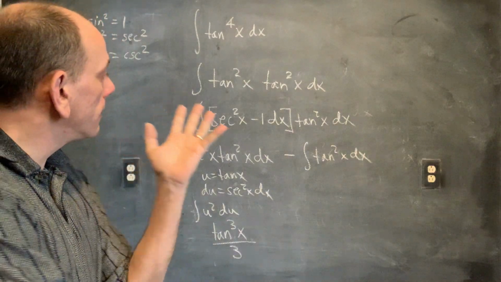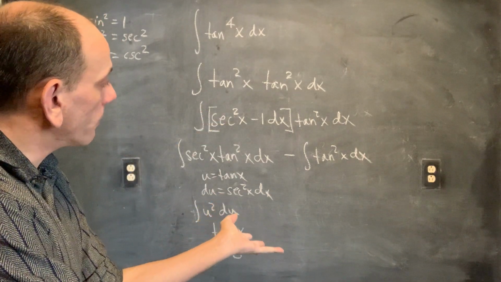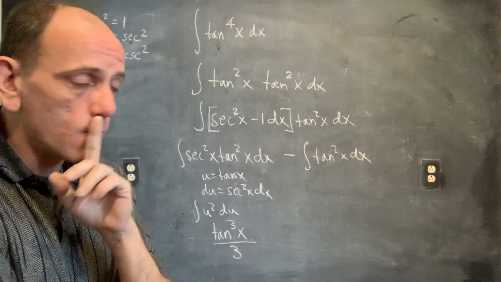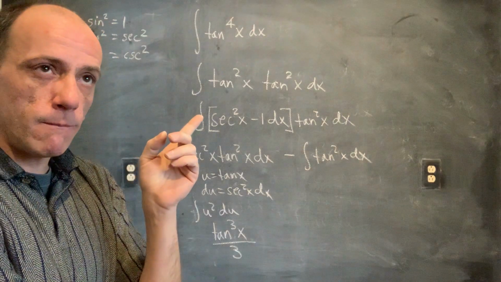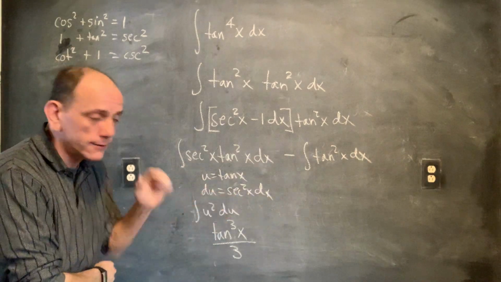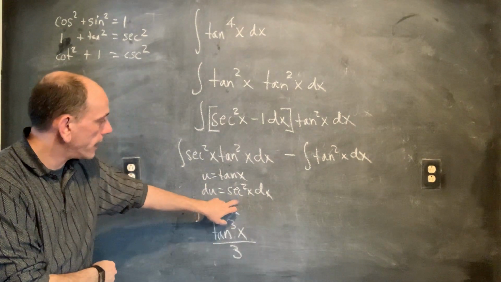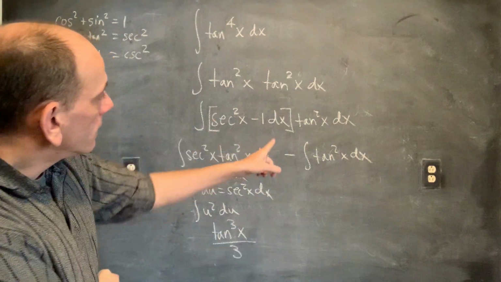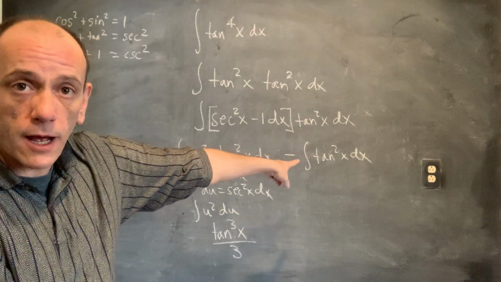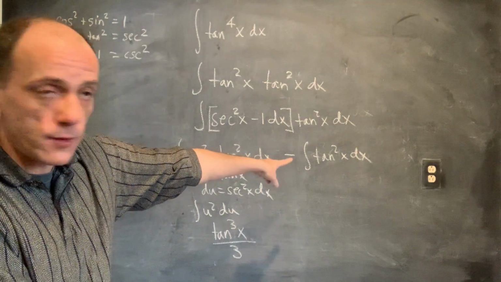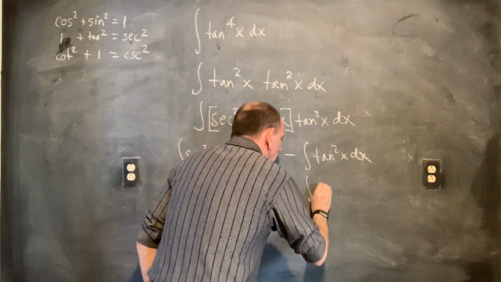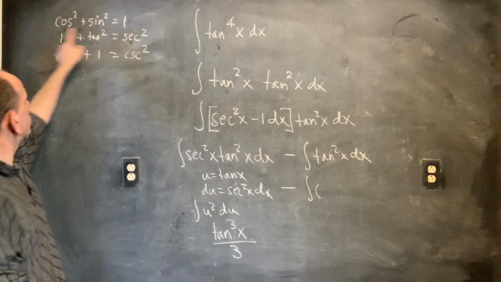Beautiful. Now, this tan square. If we were trying to u sub for tan, we need a secant squared in there. But wait, secant squared is one of our basic rules, right? It's easy to integrate. We know that the integral of secant squared is tangent. So if I can just convert that back, I'll get a secant squared sitting in there that I have to integrate, but that's easy. So I've got minus integral, what's the tan square? Secant squared minus 1.